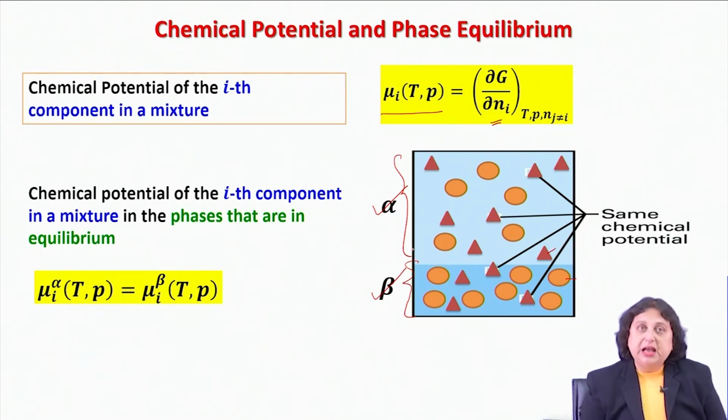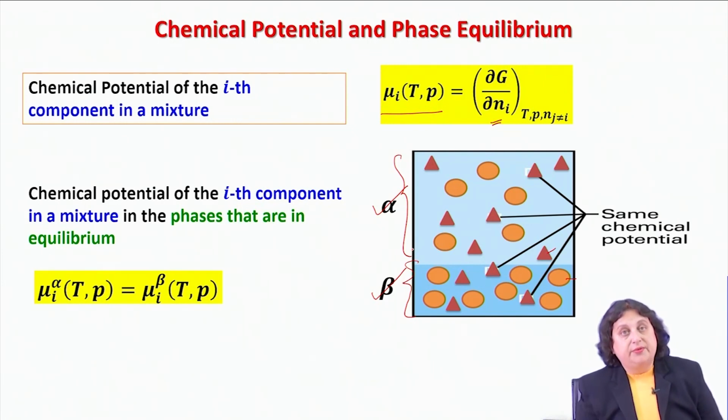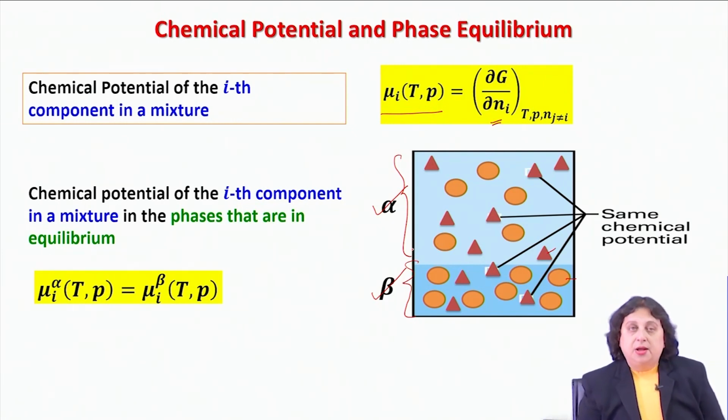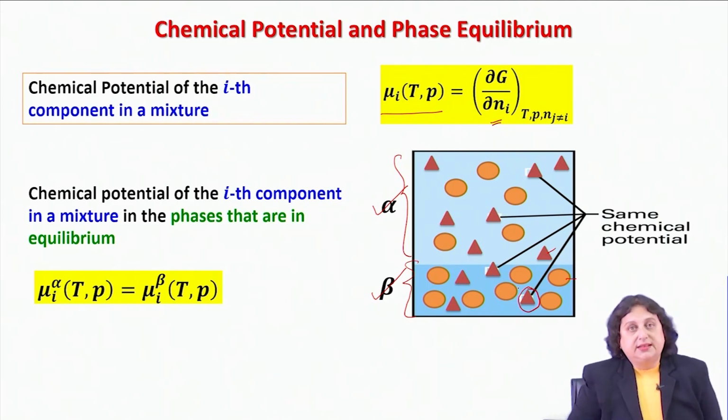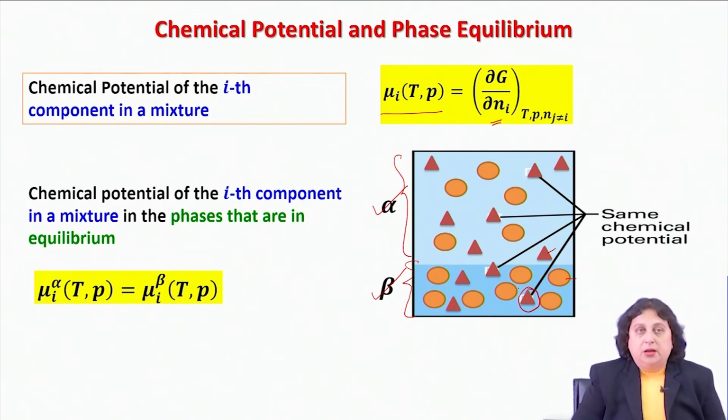So let me choose the ith component, either the orange one or the red triangle, and focus on that. Let me say that I am looking at the red triangles in this binary mixture. So that is my i.